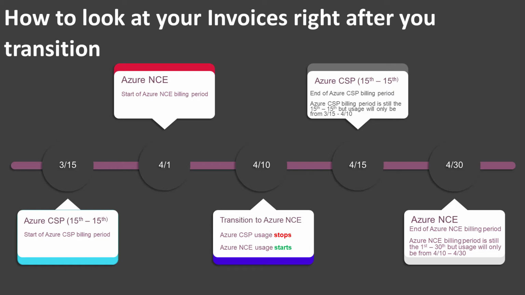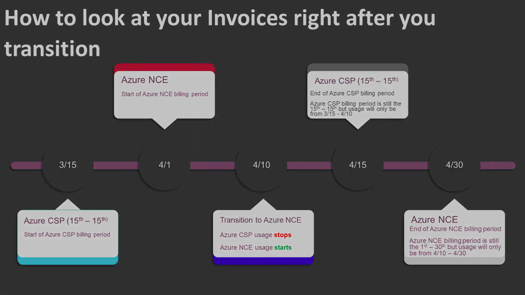The invoiced amounts during the CSP billing period should only reflect from March 15th to April 10th. The invoiced amounts during the NCE billing period should only reflect from April 10th to April 30th. Between these two invoices, the CSP invoicing completes with the last billing period before the transition, with the NCE invoice picking up starting during the calendar month of the transition.